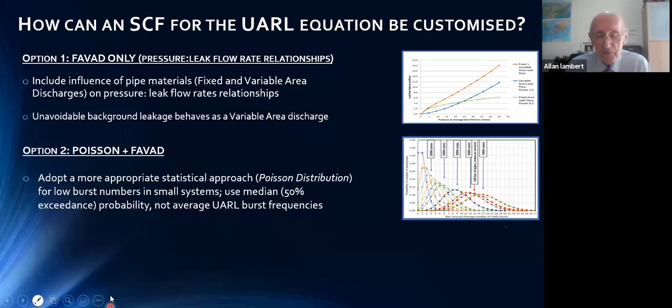Now, the mathematics is a bit fearsome for some people, but basically what it says is if you've got rare events and low burst numbers in small systems, then you should use the median, that's the 50% exceedance probability, as being more representative of the burst frequency, let's say in a particular year. There's also a nice example about goals scored for those who like football in one of the references. It's very good for that kind of analysis.